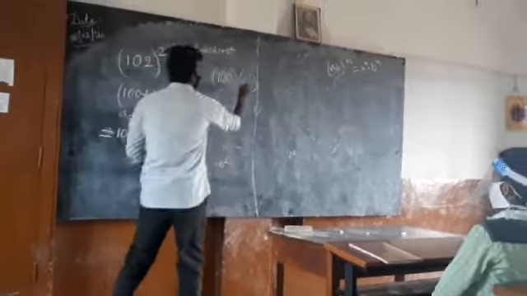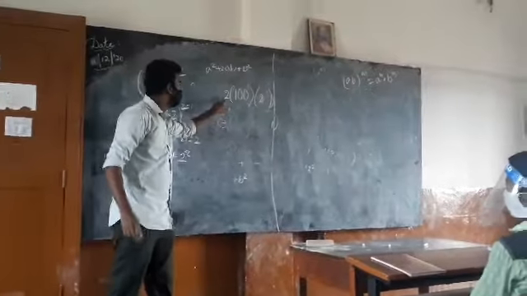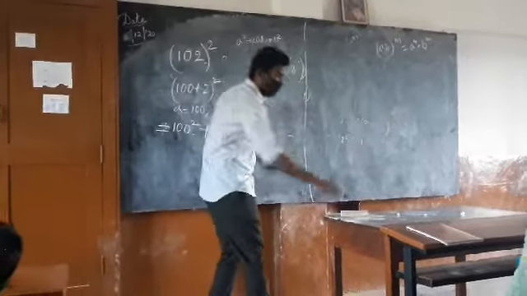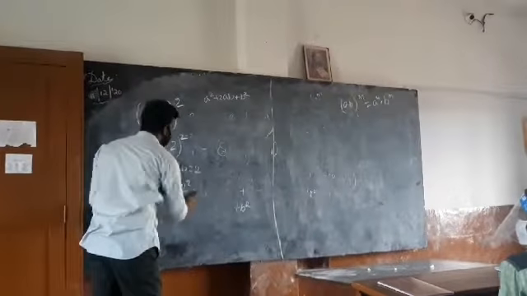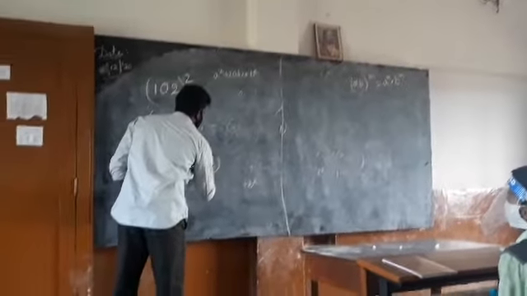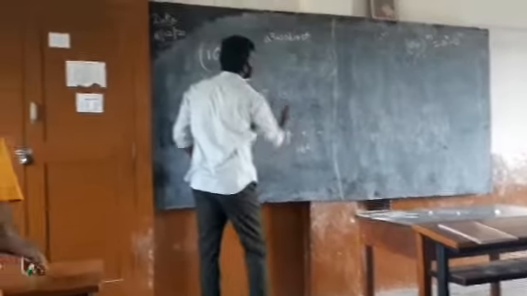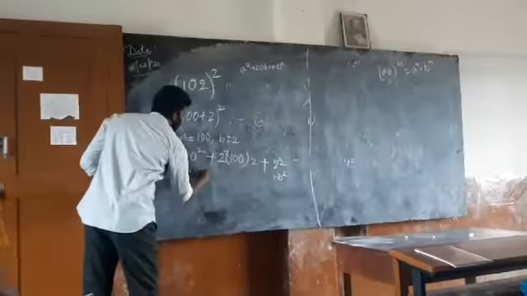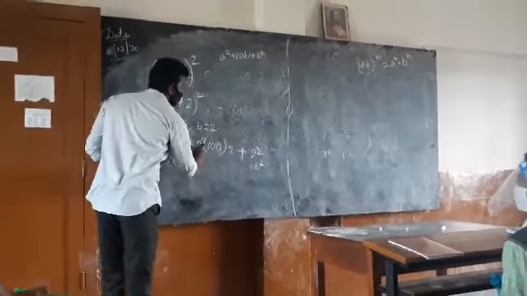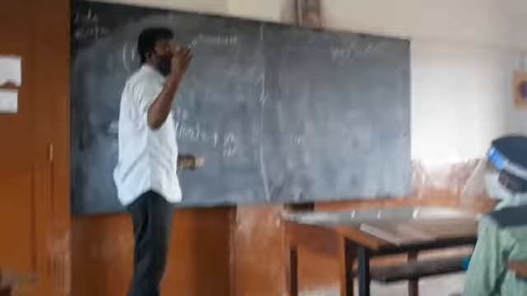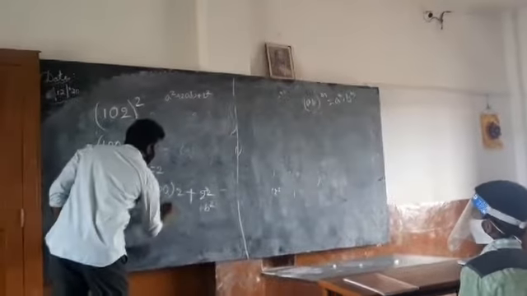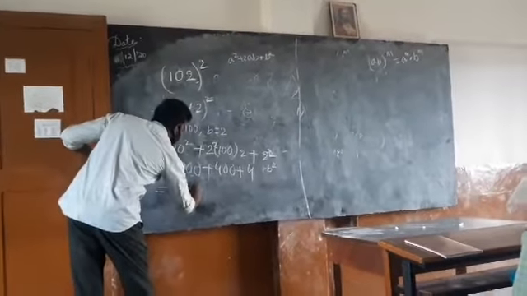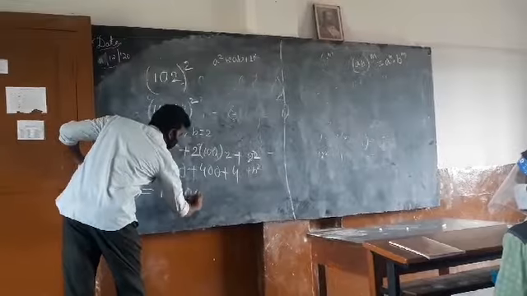Likewise, you will apply. 100 square is 10,000. 2 into 2 is 4, 4 into 100 is 400. Very good. Plus 4. So 10,404.